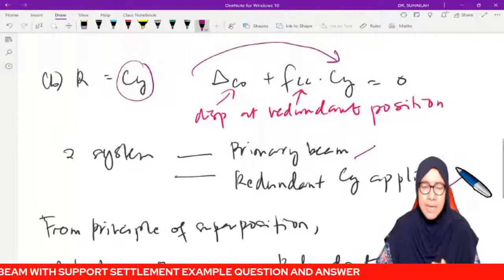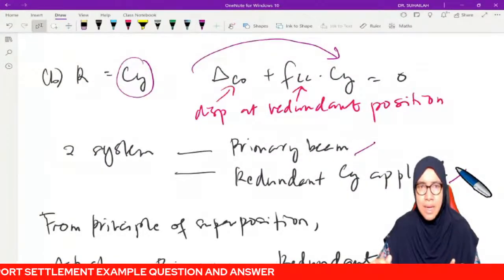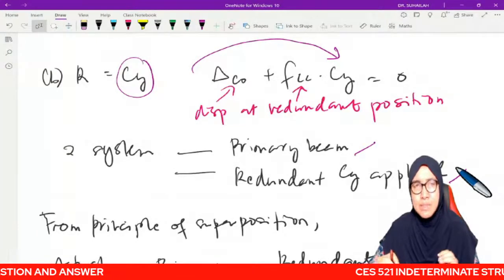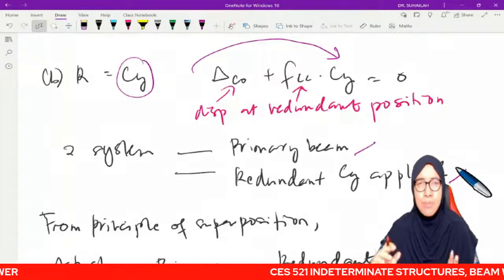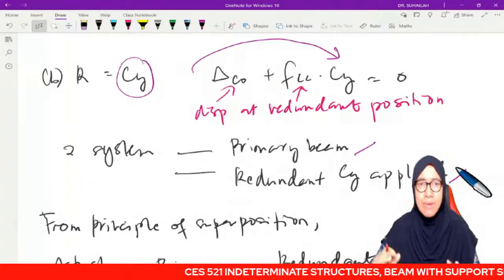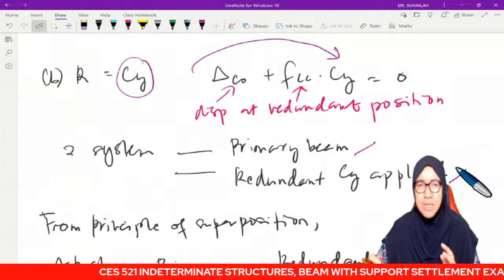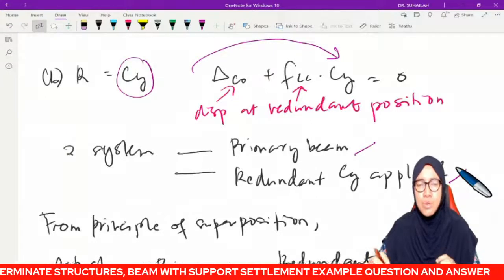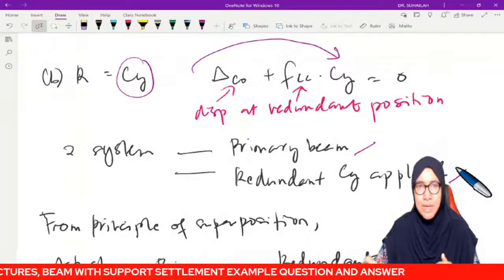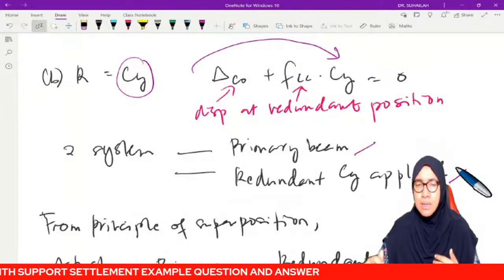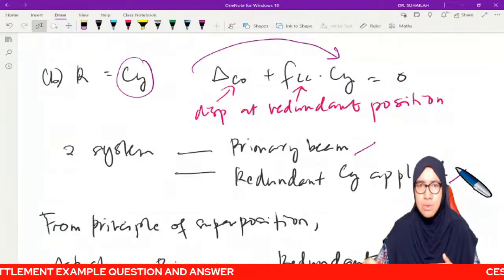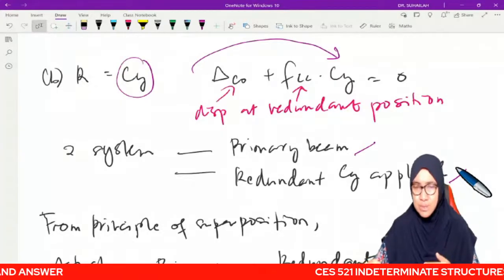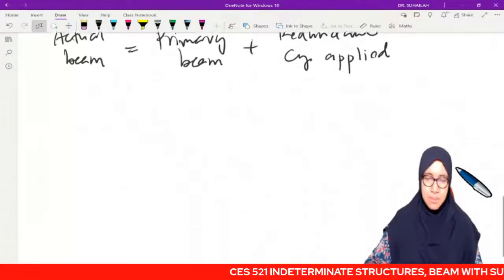Since we need to calculate delta at C, the displacement at position C, for both the primary system and the redundant system, we need to have the moment equation. In order to get that, we have to start with calculating the reaction.